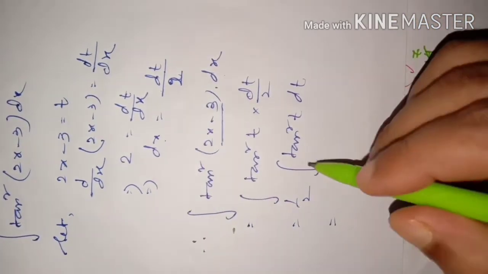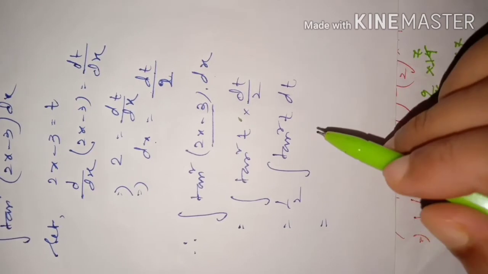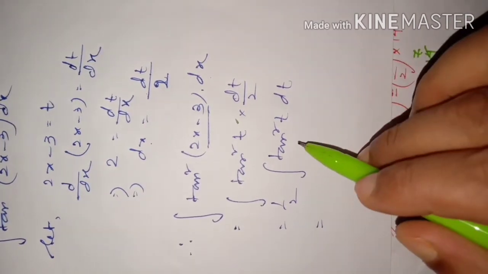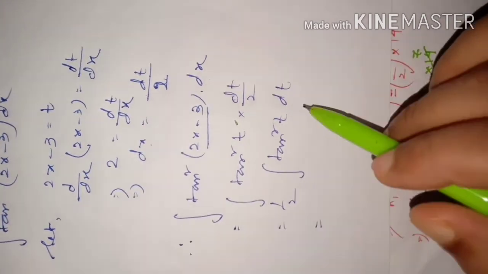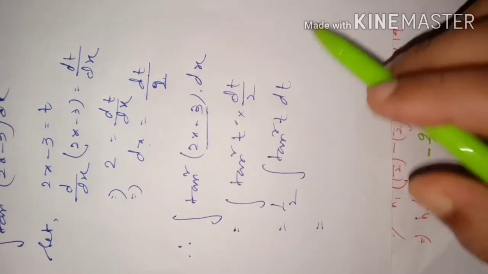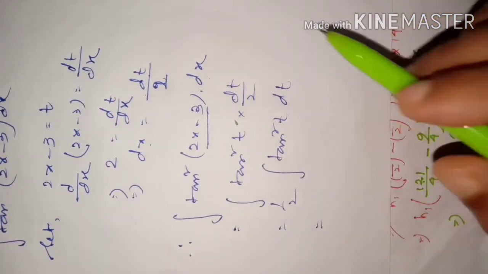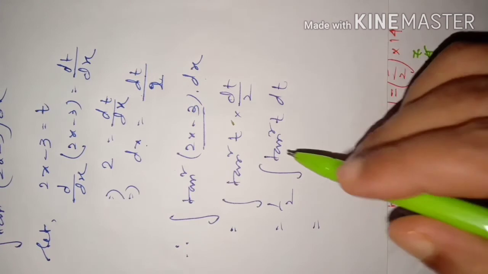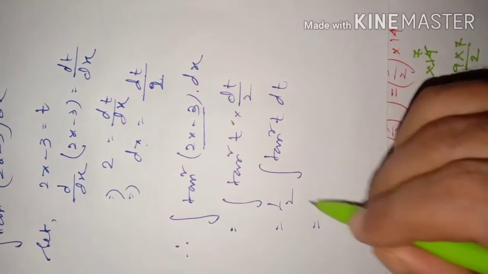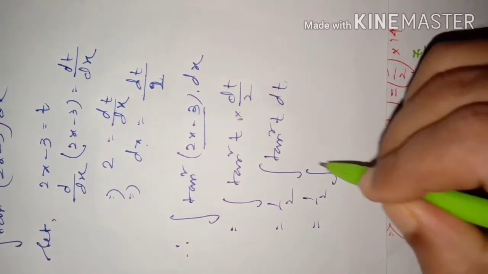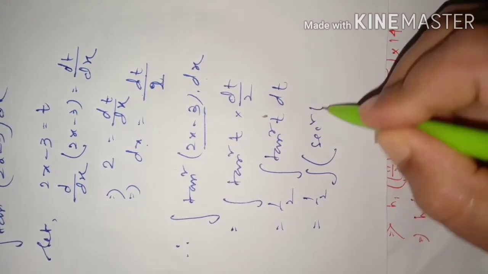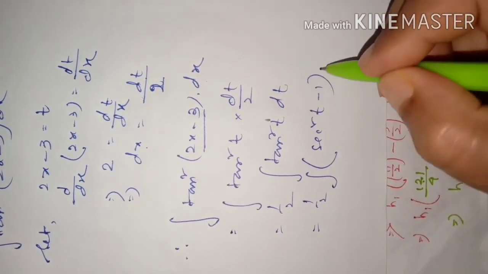So you know tan square directly you don't get an antiderivative, because tan square is not a derivative of any trigonometric ratio. But you can change it into sec square, writing this as half integration of sec square t minus 1 dt.